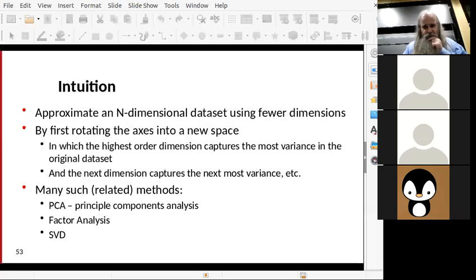So let's talk about SVD. Basically we've got this n-dimensional thing with very large n. We'd like to be able to project it into something that's fewer dimensions. We can do this by rotating axes, because remember, it's really this position in n-dimensional space.